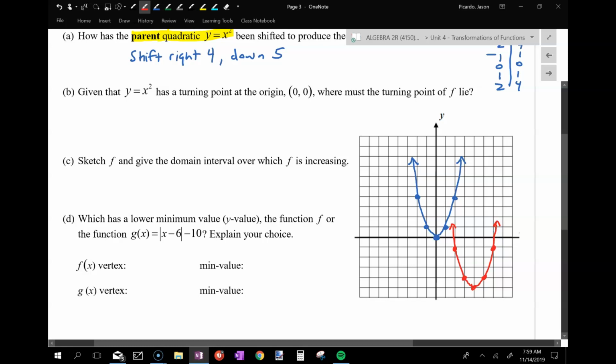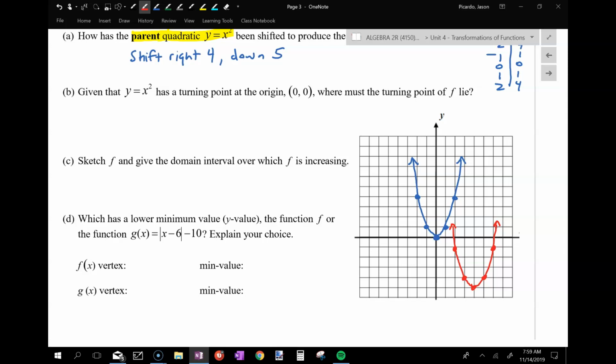And there's my graph. Guys, all points move the same amount, right? Can we agree with that, Spencer, that all the points are going to move the same amount? So where does the vertex now lie in my red graph?